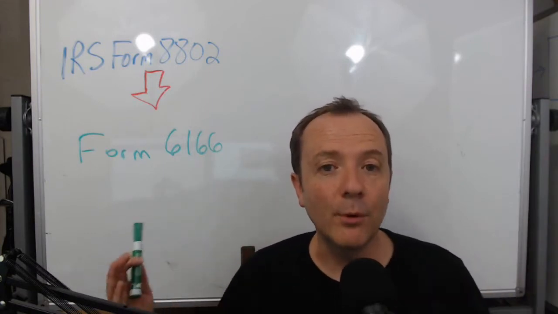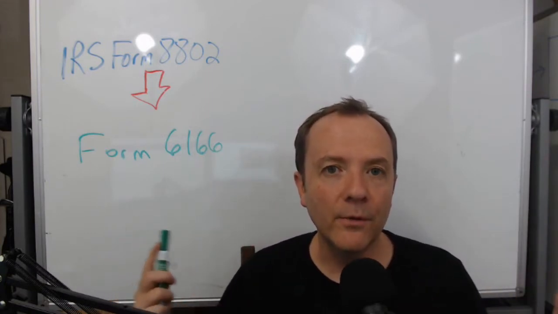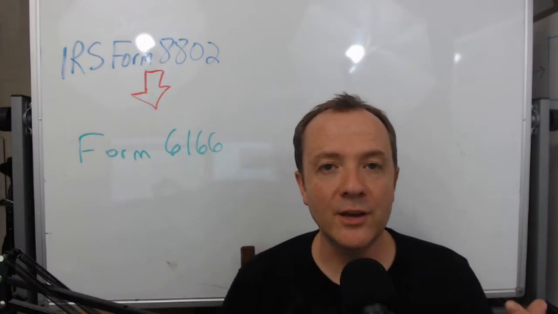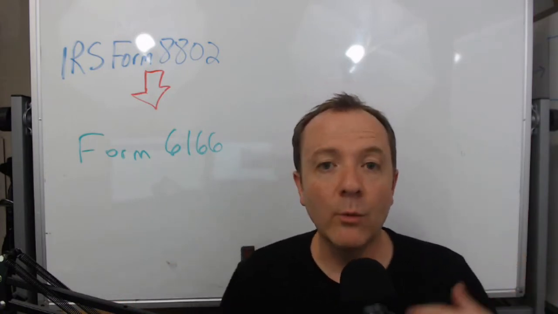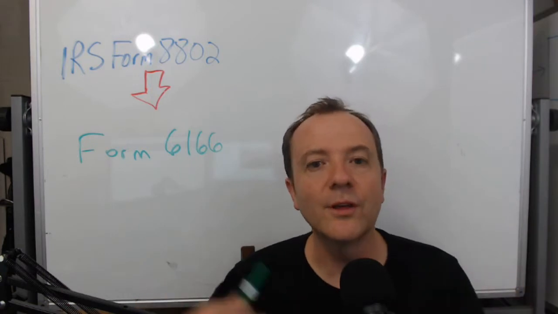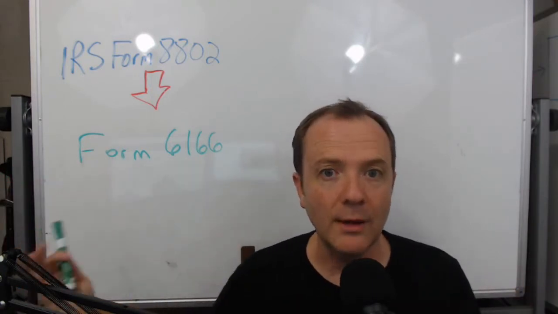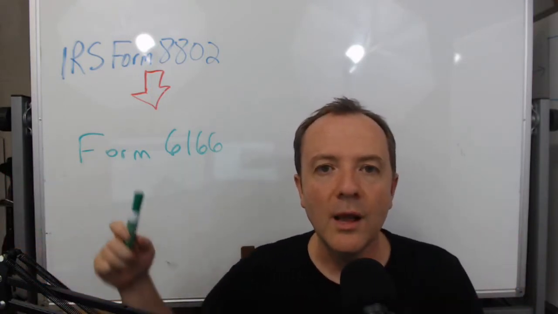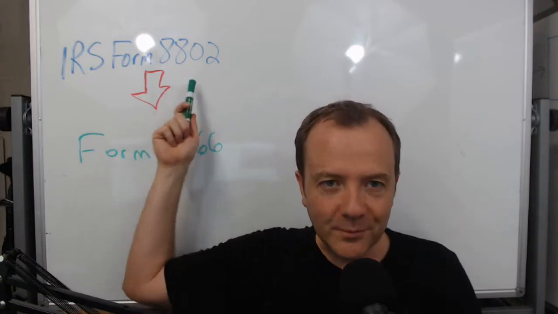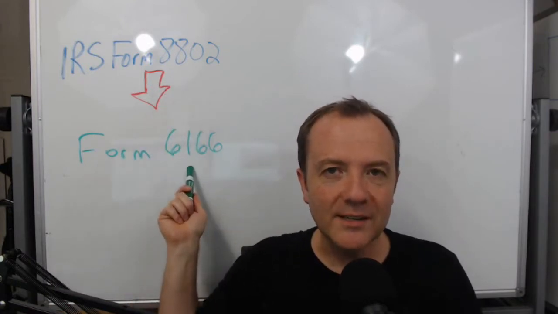So, for example, I have a service where I help folks expand into Amazon's international marketplaces, and I work with accountants in Europe. And one thing they'll sometimes request, if folks are looking to get a German VAT number so that they can sell on Amazon in Germany, which could be a great opportunity for them, is Form 6166.